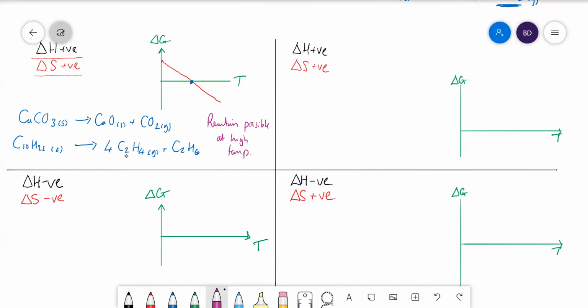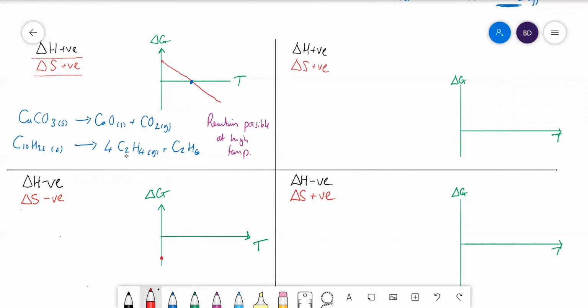Okay, so let's have a look at this one here now in the bottom left. The only thing we changed there is delta H is negative this time. Sorry, delta H is negative and delta S is negative as well. So where is our line going to go? Well, delta H gives us the intercept, so that's going to be down here, isn't it? It's negative.